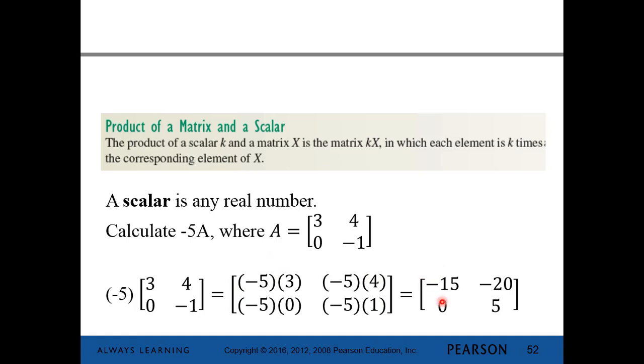The resulting matrix is this matrix right here, which we may call matrix B, let's say. That is one way to do multiplication with matrices, what we call scalar multiplication.